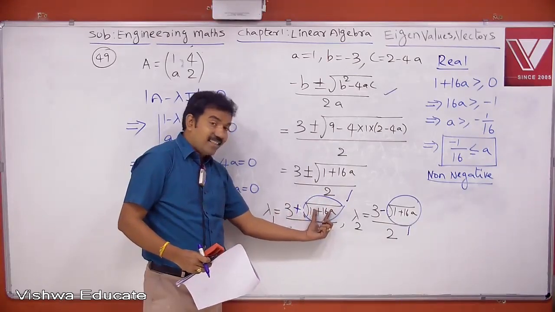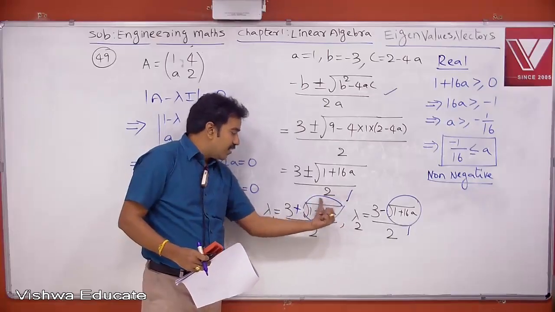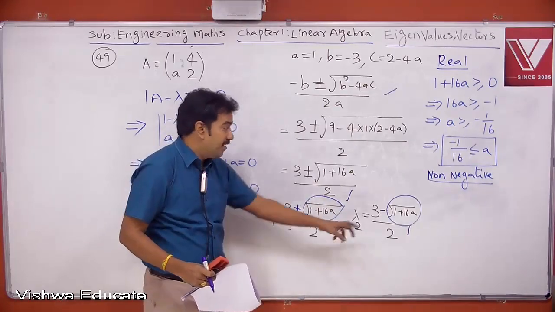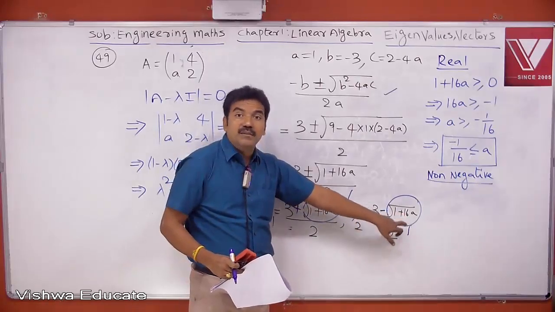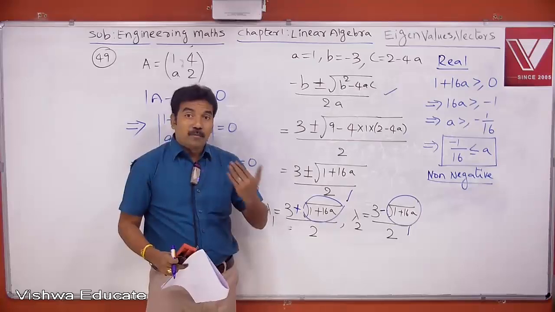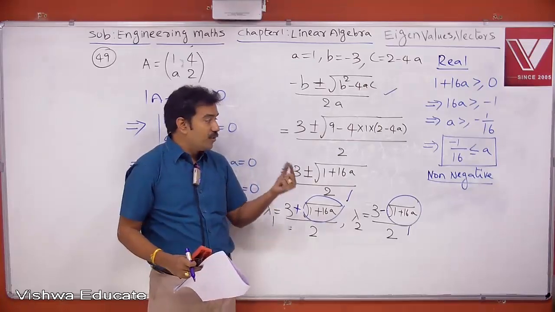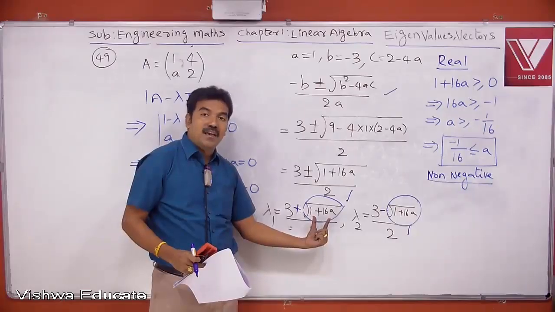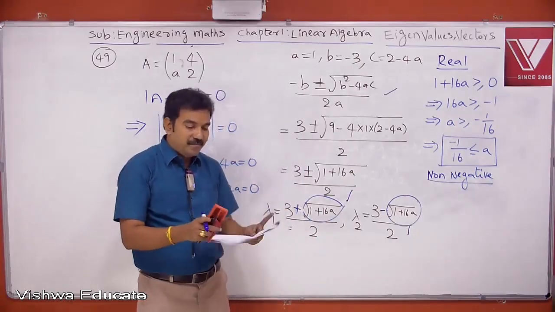Suppose if it is greater than 3, 3 plus greater than 3 divided by 2 is a positive value. 3 minus greater than 3, you will get a negative value. So eigenvalues must be either positive or 0. Therefore, to get non-negative eigenvalues, this square root of 1 plus 16a is at most 3.